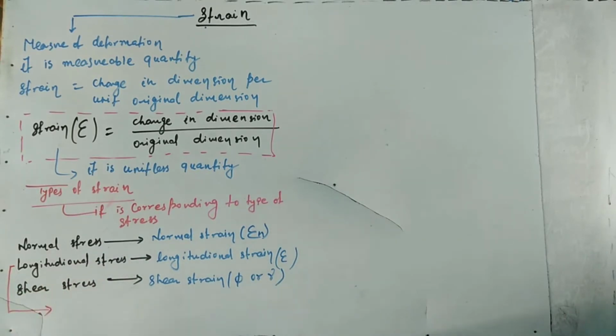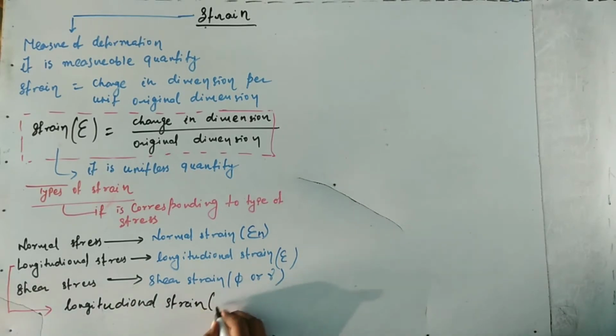Now we will see the details about longitudinal strain. Longitudinal strain is change in length by original length. That is, the deformation along the length is called longitudinal strain.